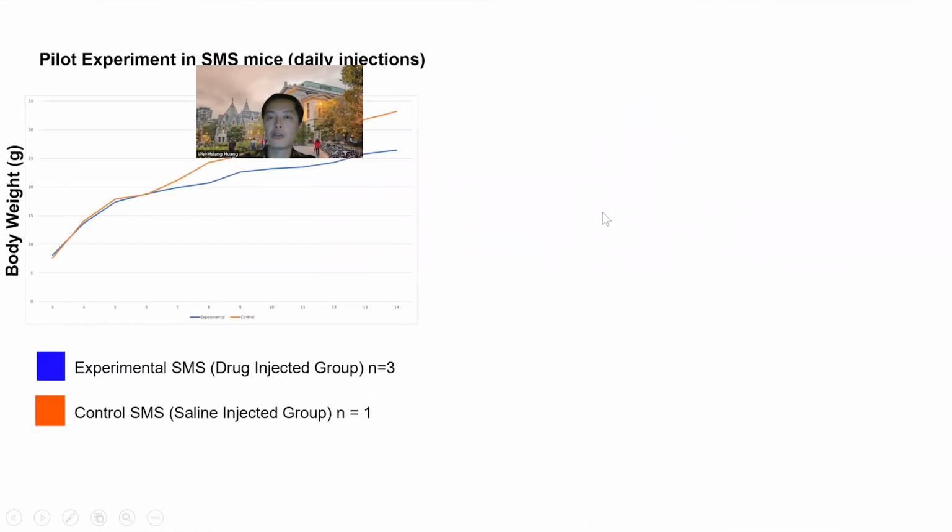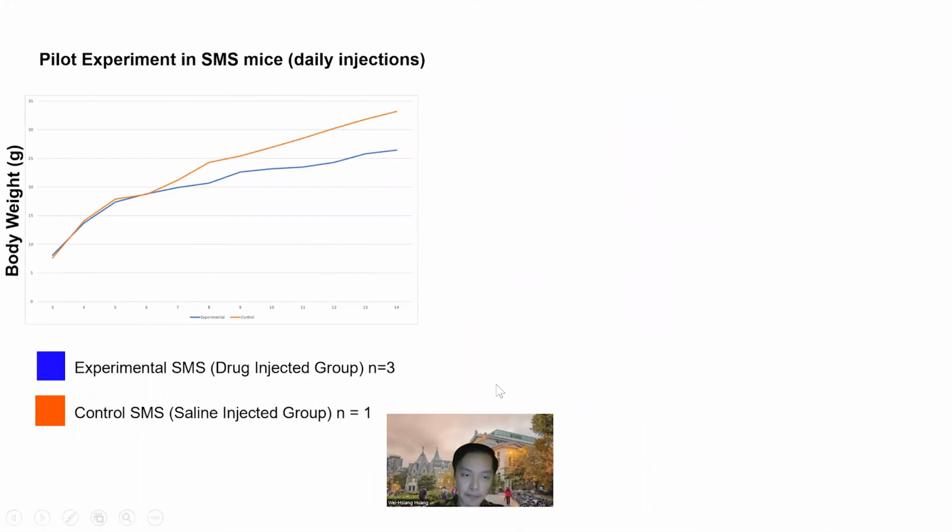But we do have some interesting preliminary results showing here. We have a very small number of mice. Here in orange are control mice treated with saline daily, and we have 3 experimental SMS mice treated with this drug I just talked about, also daily. We treated them at 8 weeks of age, so they are considered adult.